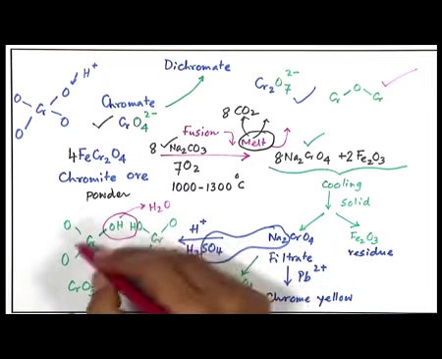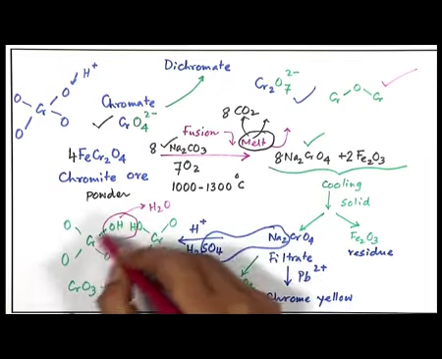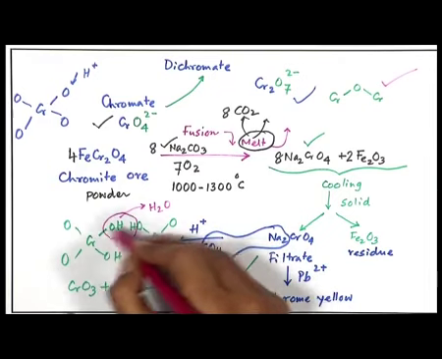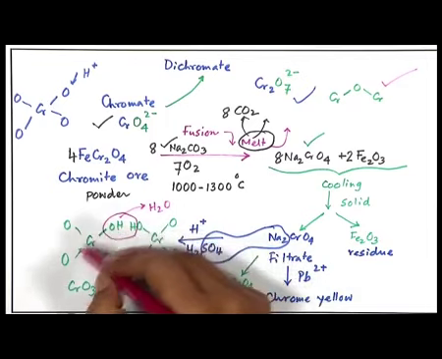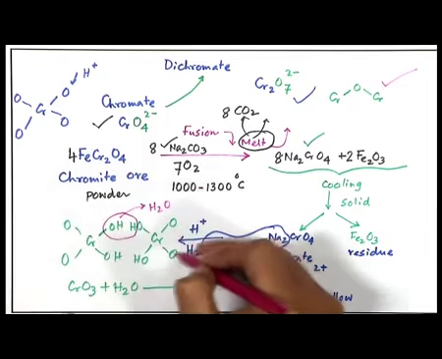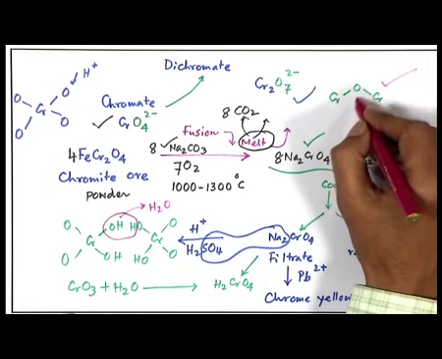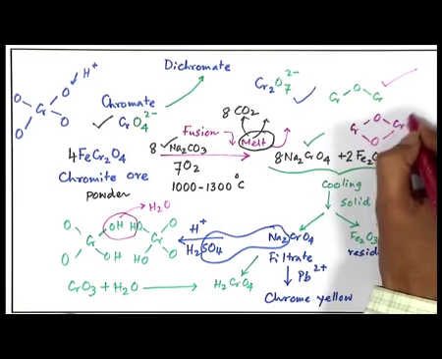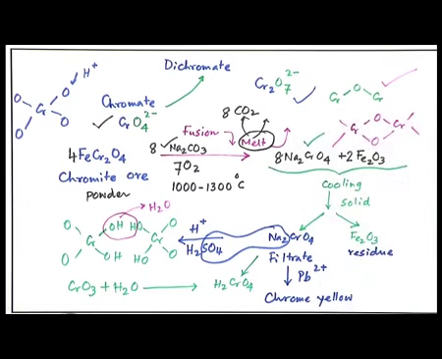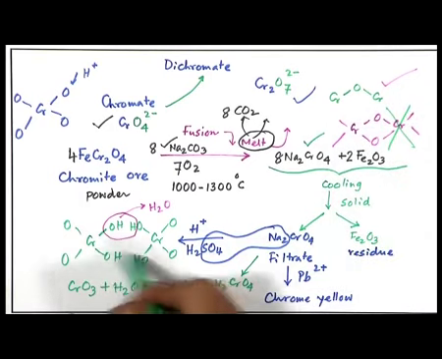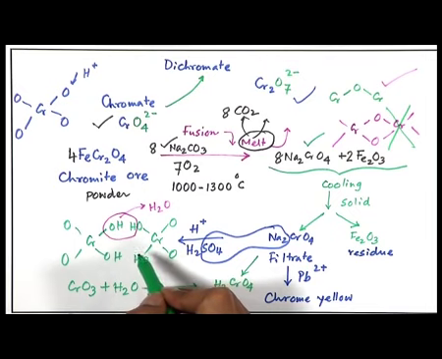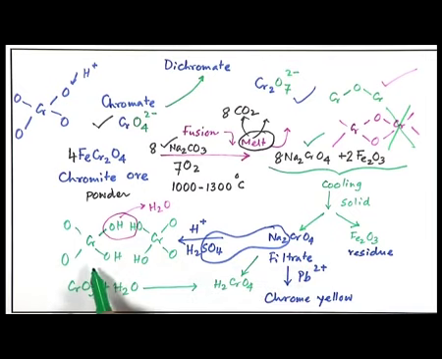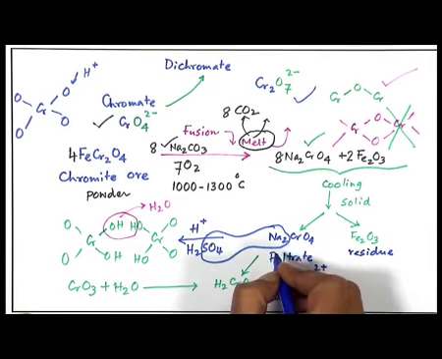These two come close to each other and fuse together, so fusion can take place only through these two ends. The other three parts are away from this link, which is why this link forms, but other chromium-oxygen-chromium links do not form, because the other ends are not close to each other for this condensation reaction.